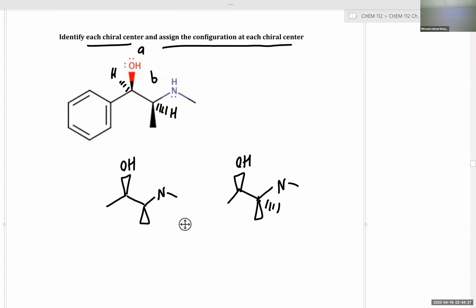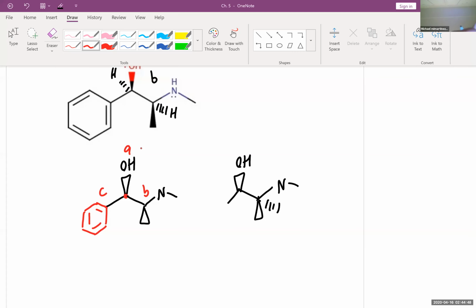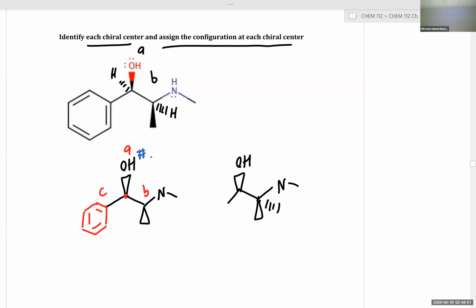So for our first center, A, B, C. So what gets the highest priority number, A, B, or C? Which atom has the largest atomic number? A, yep. So we'll assign number 1 for A. Okay, which group gets priority number 2, B or C?